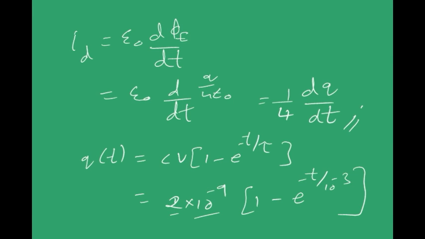When I differentiate this with time, what will I get? I'll get something like 2 into 10 power minus 9 into, 1 is constant, so inside what do I have? e power minus t by 10 power minus 3, and I have minus into minus, plus.